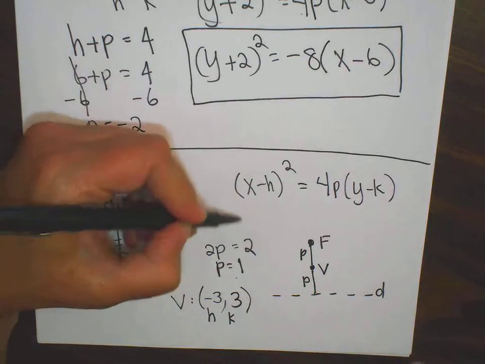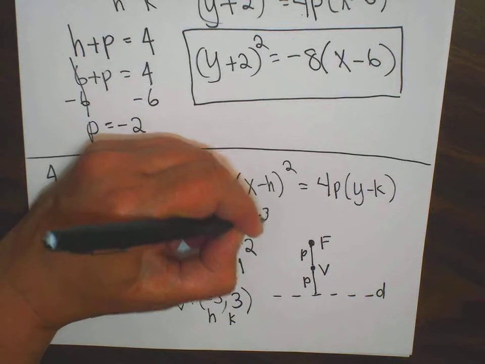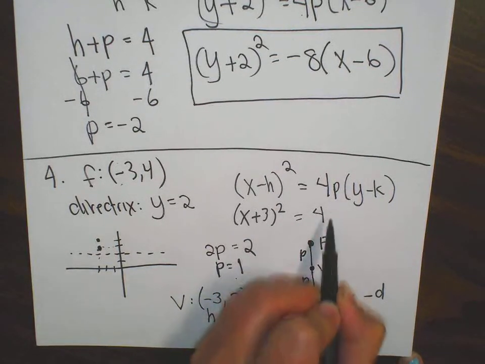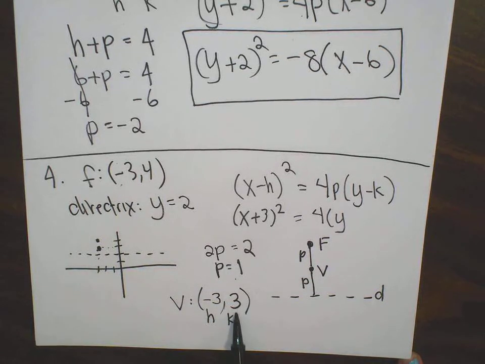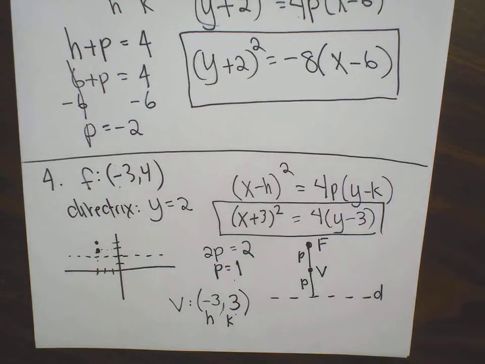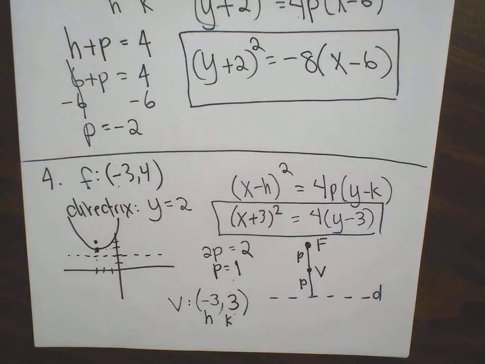So my equation would be x minus a negative 3, which would become x plus 3 squared equals 4 times 1 times y minus 3. So this is the equation of our x-dominant parabola, which we can verify is supposed to open upward. Does that give me a concave up parabola with a positive 4 in front? Yeah. So that's our equation.